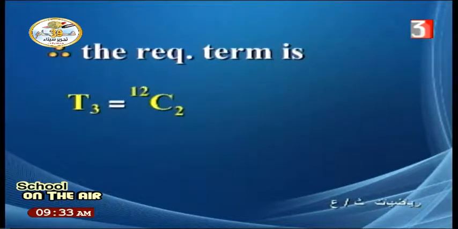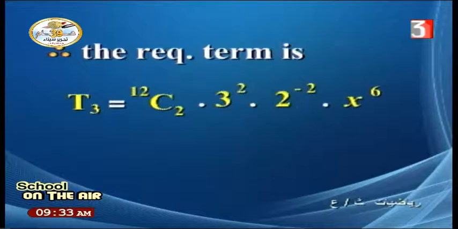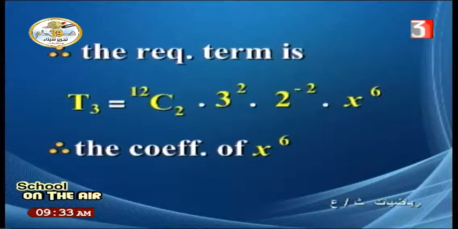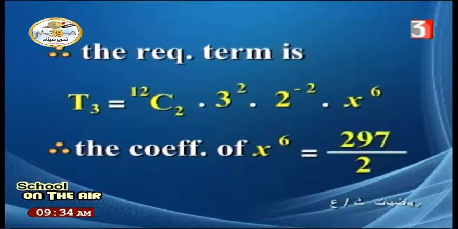By using the general term 12C2 and substituting r equals 2, then T3, or the coefficient of x power 6, by using a calculator, 12C2 times 3 power 2 times 2 power negative 2, the answer is 297 over 2. This is the coefficient of x power 6.